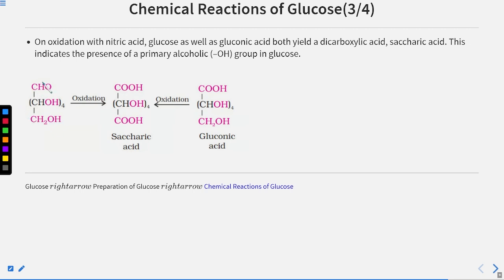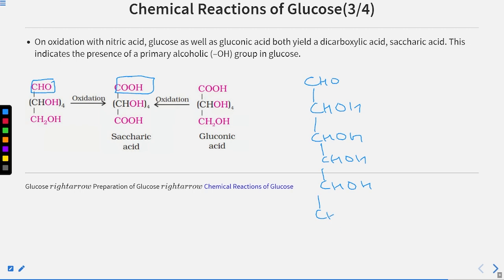So first, this one will be converted. And now if I ask you whether we can convert all of this carbon into carboxylic acid or not, that would be wrong. Why? Because for that you have to break the bond between carbon and carbon. So if I expand the structure in this way, CHO, CHOH, here CHOH, again CHOH, at last we have this CH2OH group.